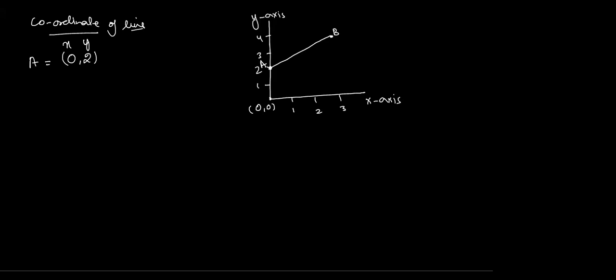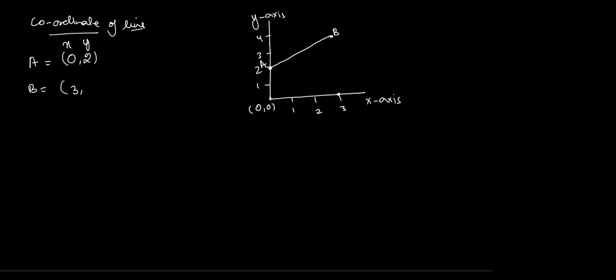If a person is asking me how to go to the point B, I will tell them the address: you have to move 3 points in the x-axis, because it is the rule that I first tell about the x-axis.